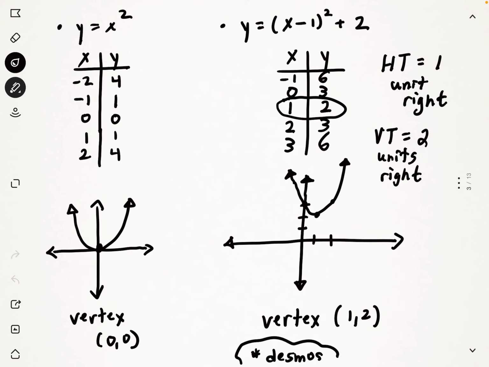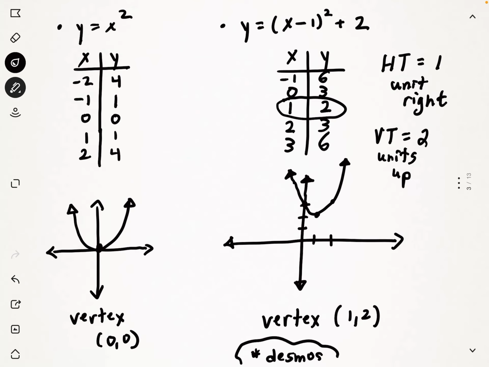We do a lot of abbreviations here, so you're going to see that written as HT. HT is a horizontal translation. Horizontally, left or right, you can see that it's moved 1 unit to the right. And then vertically, you can see it's moved 2 units. Well, I said 2 units right. That's wrong. Look at me giving you some false information here. Vertical is definitely up or down, so we're going to say 2 units up.